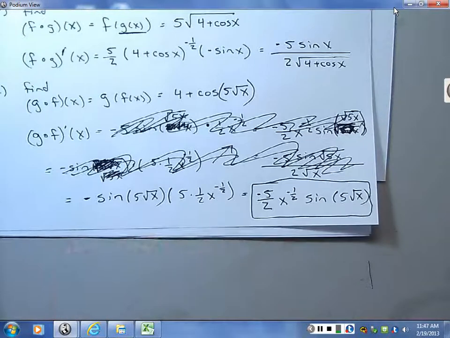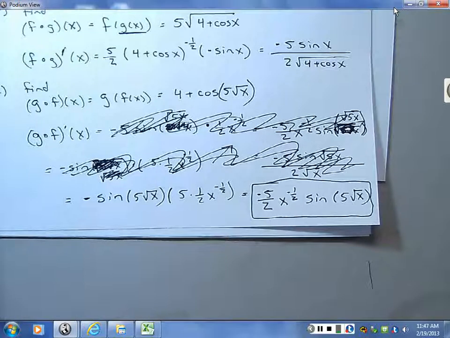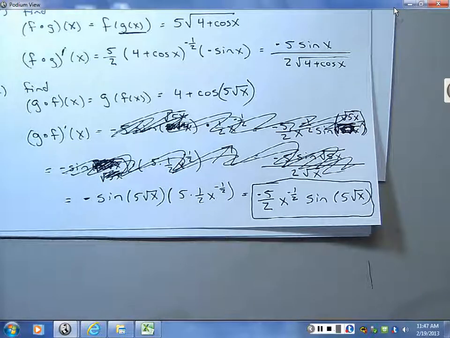Because think about it, let's say we need to take the derivative again. If we wrote it the other way, we'd have to use the quotient rule. The quotient rule is fine and all, but the product rule is a lot easier. So here, I would just do the product rule, and I already have it set up as x to a power, and things work out good if I need to do the derivative again.